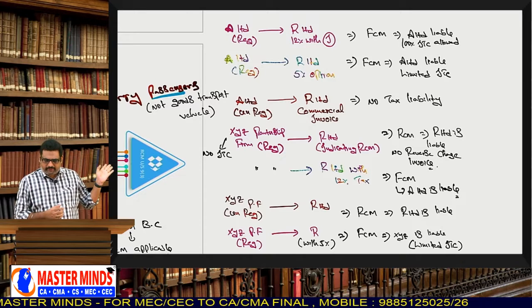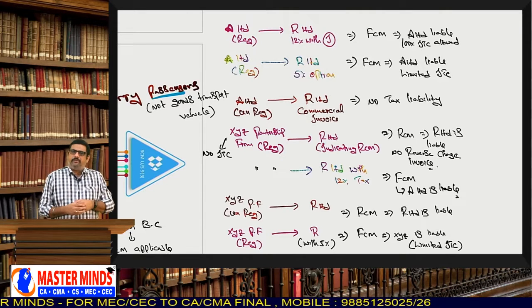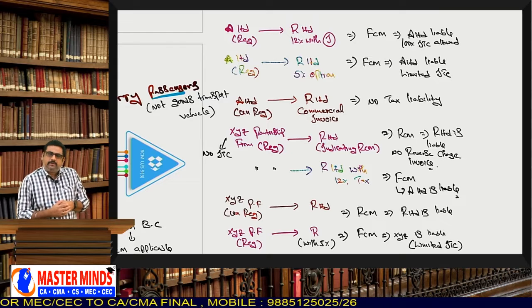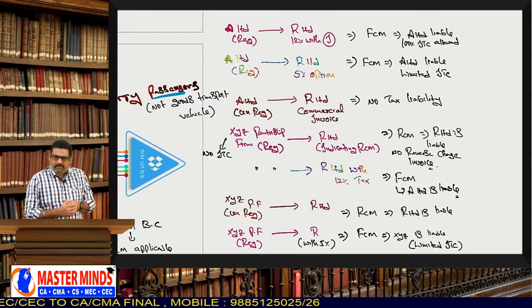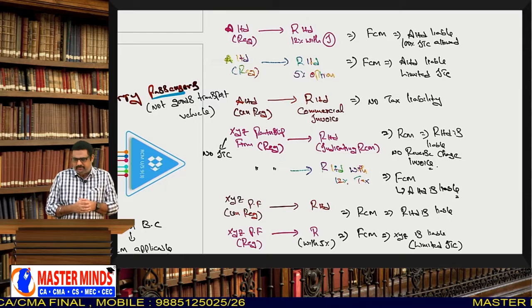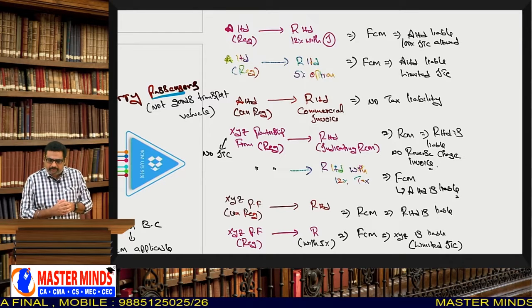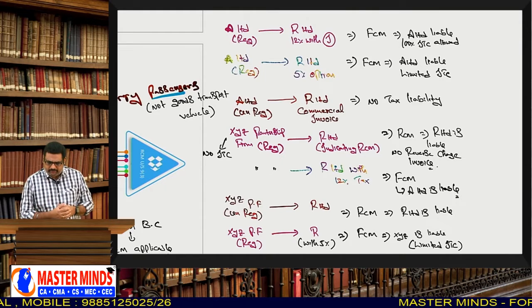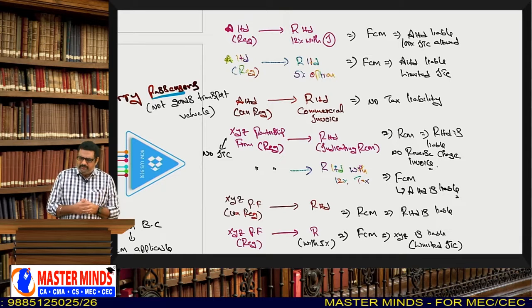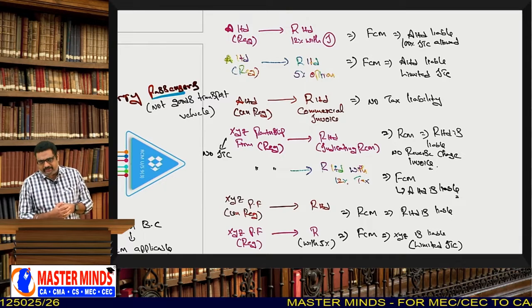Tax invoice is with 12% tax rate. Now in this case, is FCM applicable or RCM applicable? FCM applicable. Why? Because the tax rate specified in the invoice is 12%. That's why FCM applicable. And who is liable to pay the GST? A Limited is liable to pay the GST, but A Limited can claim 100% ITC.